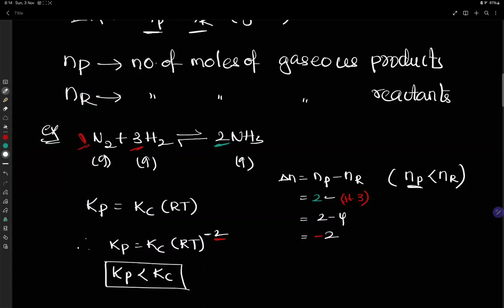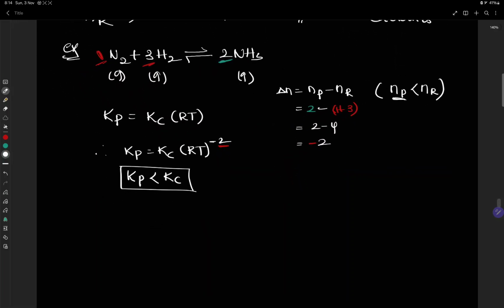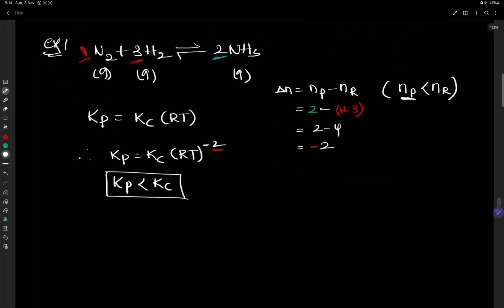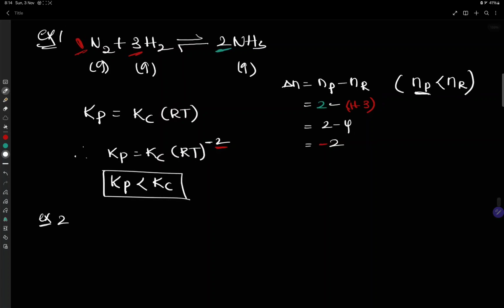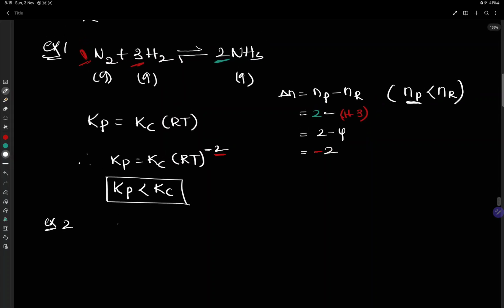Next, example 2: H2 plus I2 gives rise to 2HI.